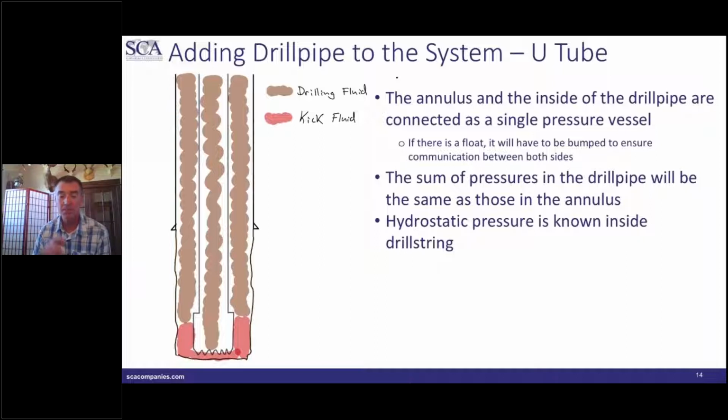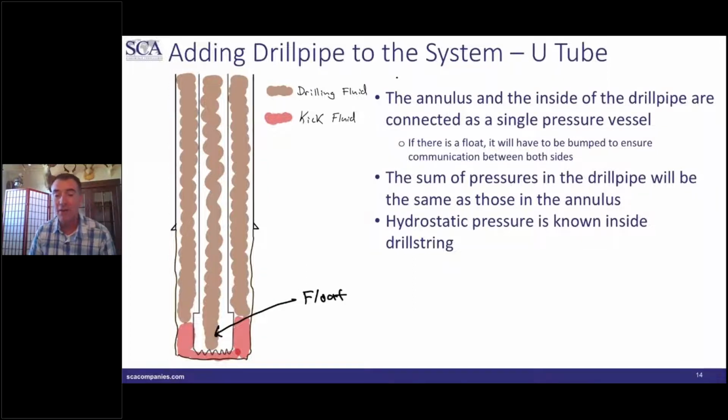Because when you take a kick, you are not going to take a kick up the inside of your drill pipe most of the time. There are two reasons for that. One is you've got a float in the system. That float is a one-way valve located right on the top of your mud motor, which in this picture would be right about there.